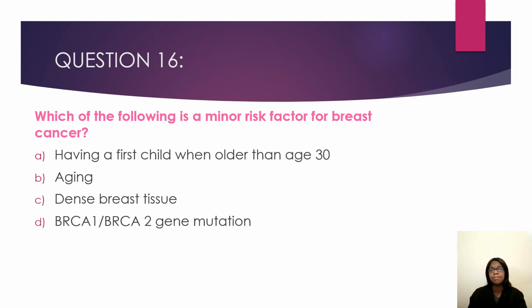Which of the following is a minor risk factor for breast cancer? Having a first child when older than age 30, aging, dense breast tissue, BRCA1, BRCA2 gene mutation. And this is for a minor. So pay attention to the word in the question: minor, major, just know those.